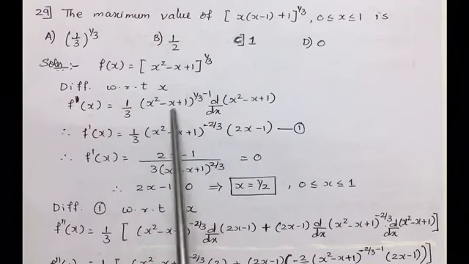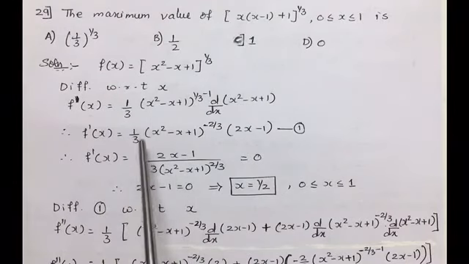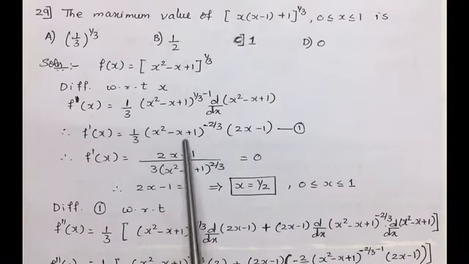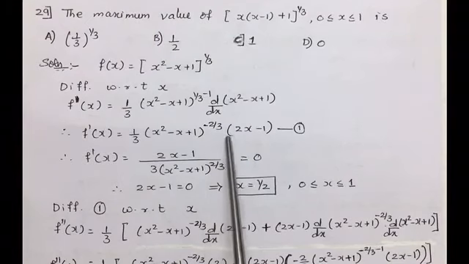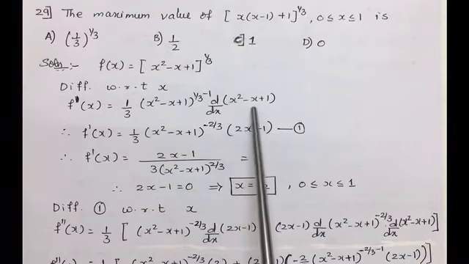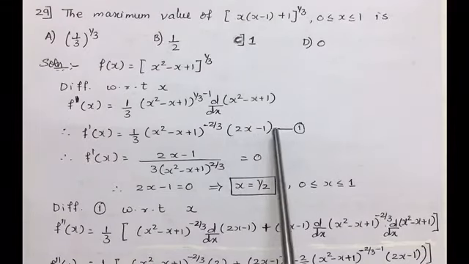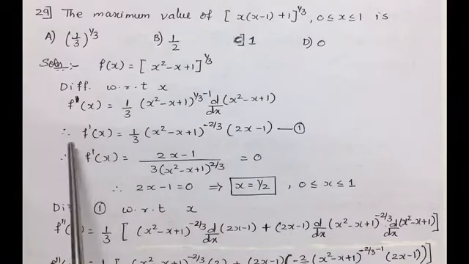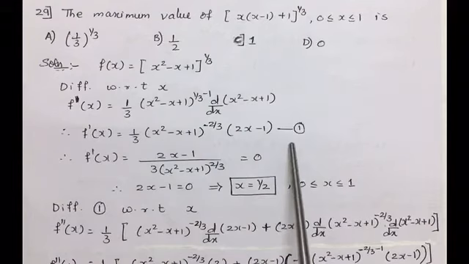Now calculating it, we'll get f dash x is equal to 1 by 3 (x square minus x plus 1) raised to the power minus 2 by 3, and the derivative of x square minus x plus 1 becomes 2x minus 1. So this is the first derivative of fx. We'll mark it as 1.